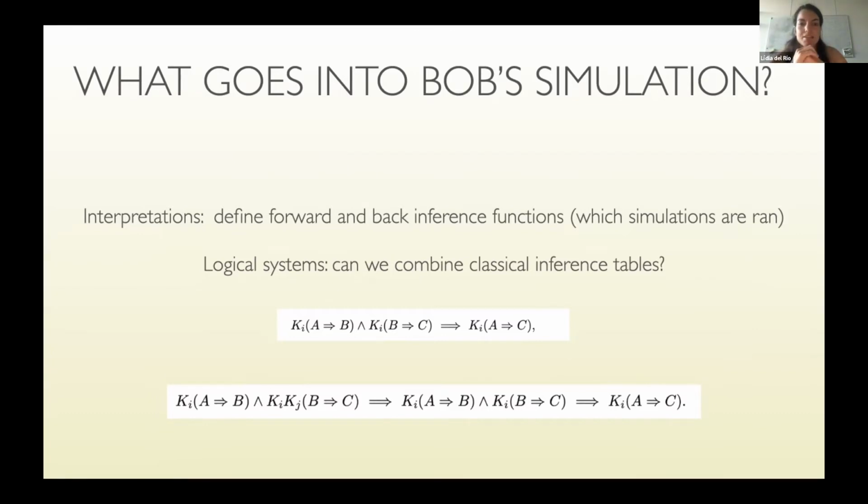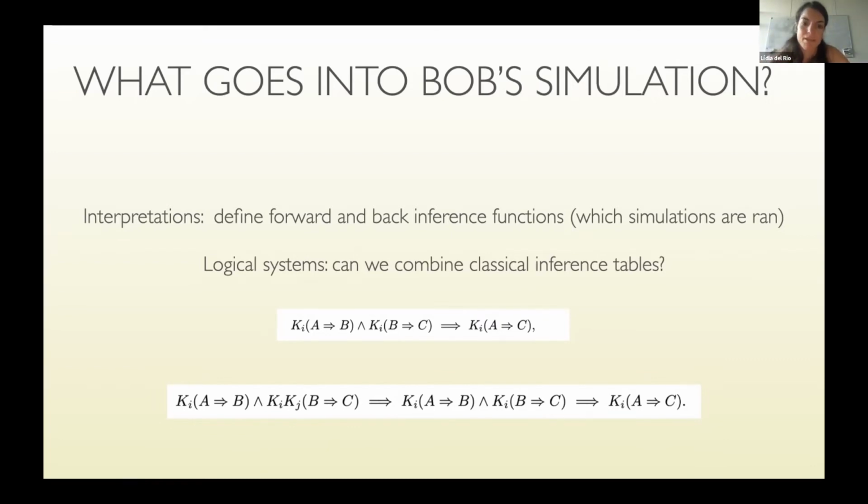And at the moment, this is still a bit clumsy. What it does is each interpretation defines an inference function, which is forward, meaning I'm thinking about experiments that will happen after my observation, or backward, so I'll think about something that happened before my observation.